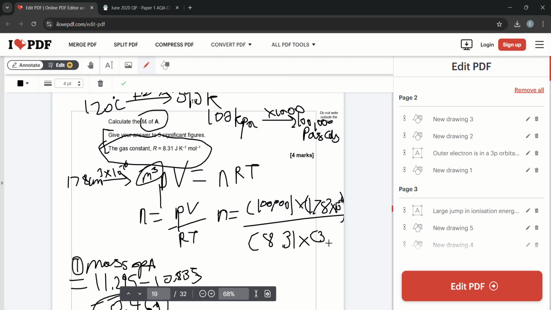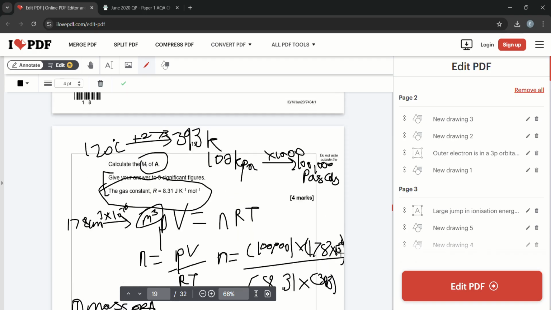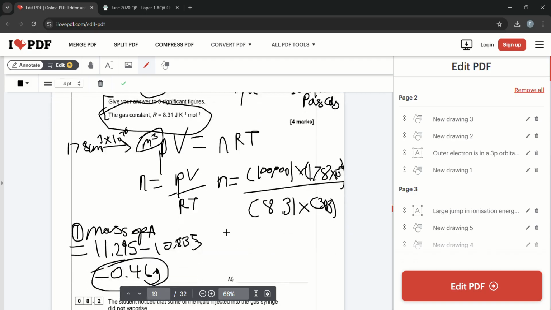So times by 393. Now we can find the moles: 178 times 10 to the power minus 6 divided by 8.31 times 393. Now I get 5.45 times 10 to the power minus 3.